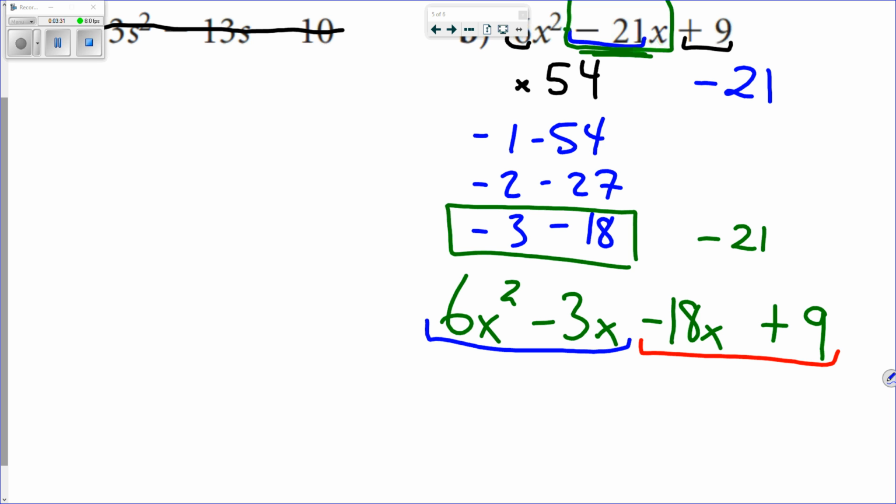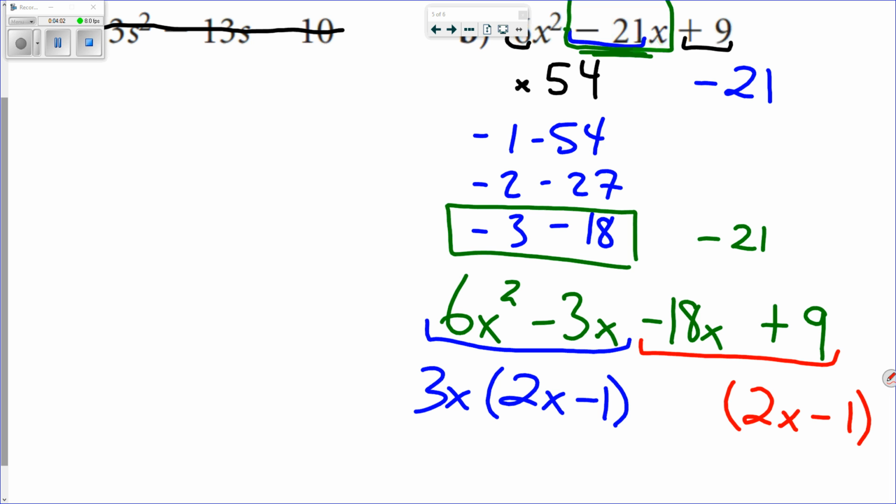When we look at the first part, we see we can factor out a 3x. So x's in both, and both coefficients are divisible by 3. Factor out a 3x, we're left with 2x minus 1. Now when we factor the last part, hopefully, we're left with 2x minus 1.